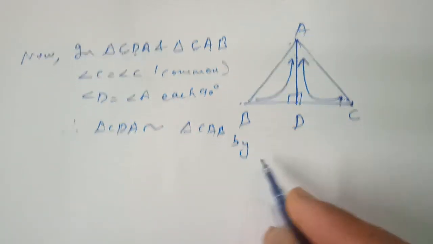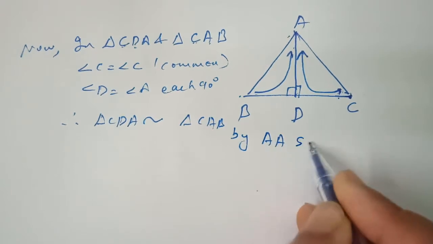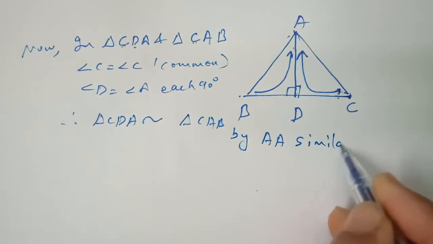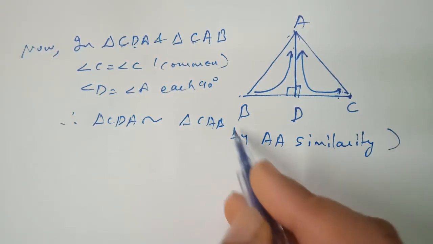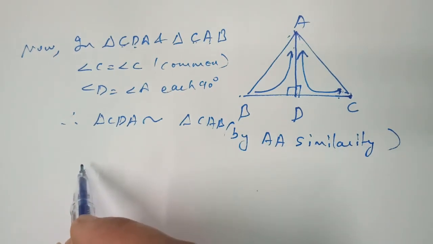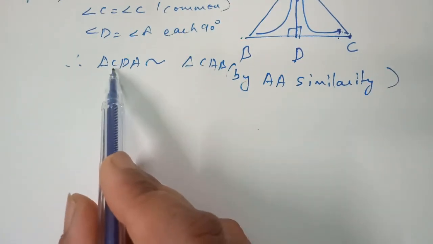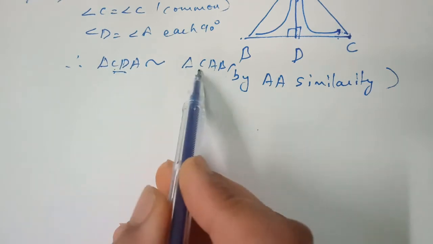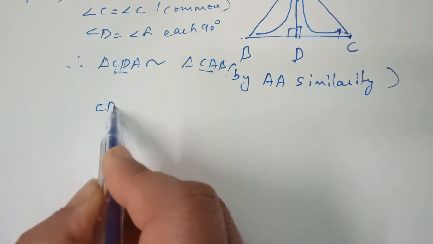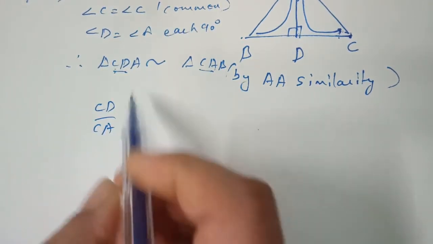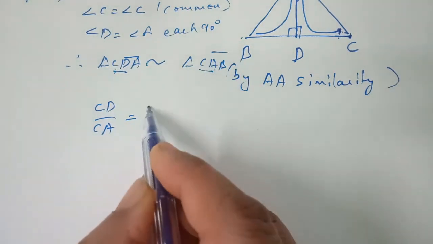By which similarity? Again by the same similarity, angle-angle similarity. Now if the triangles are similar, then the sides are in the ratio. So we're going to take the sides in the ratio, first 2 upon first 2. CD upon CA is equal to last 2 upon last 2.